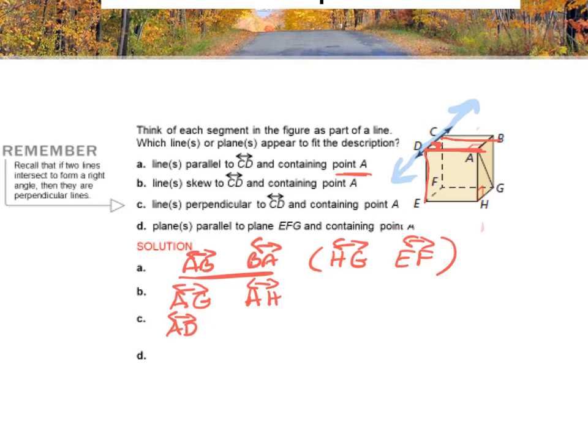Then the last one, planes parallel to EFG. Let me go ahead and highlight the plane. So a plane parallel to EFG would be here. And then containing point A would be the top of the box.